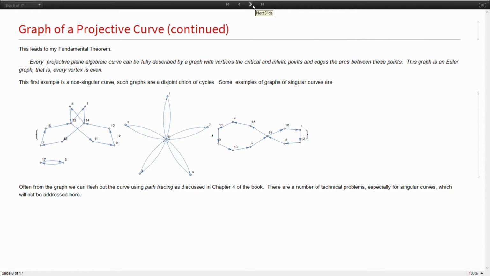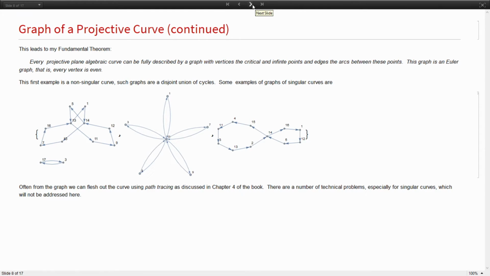The key thing here is that every such graph is what's called an Euler graph. And an Euler graph is a graph where every vertex is even. That is, if you count the number of edges going in plus the number of edges going out, it's always an even number. Okay, that's the key thing. If it's a connected Euler graph, it's known as an Eulerian graph. And that's a standard thing in graph theory.